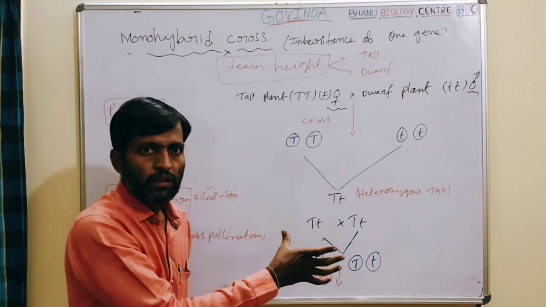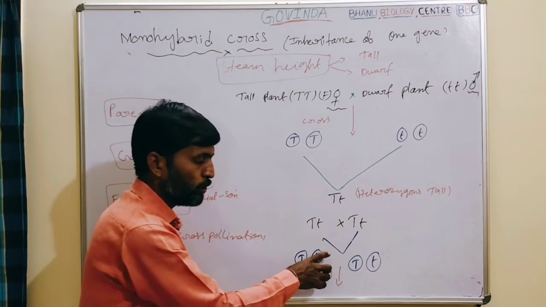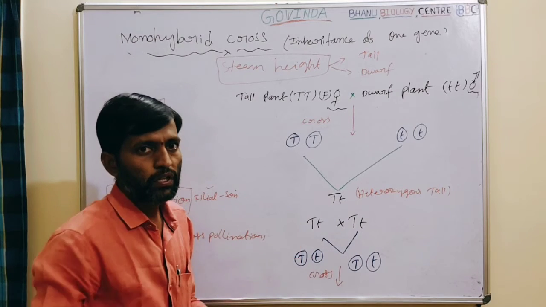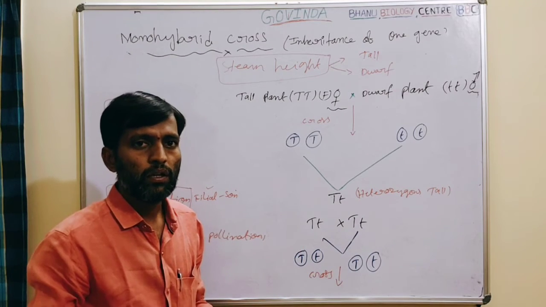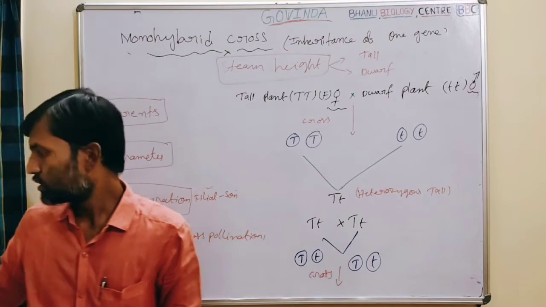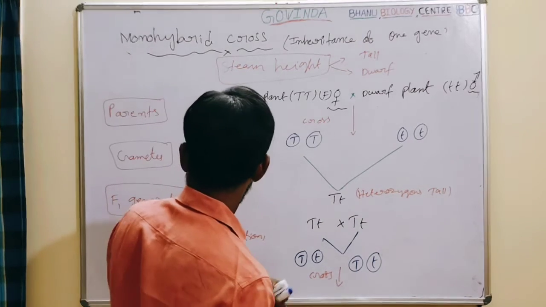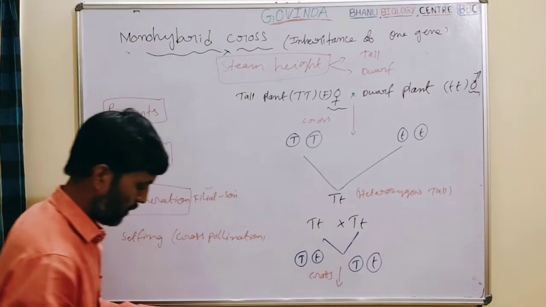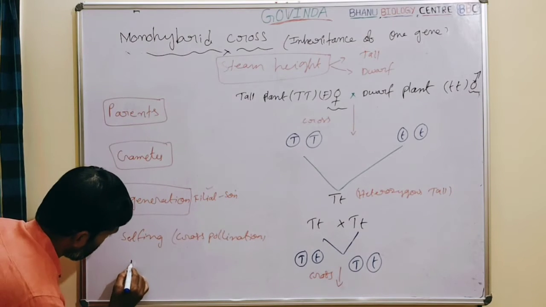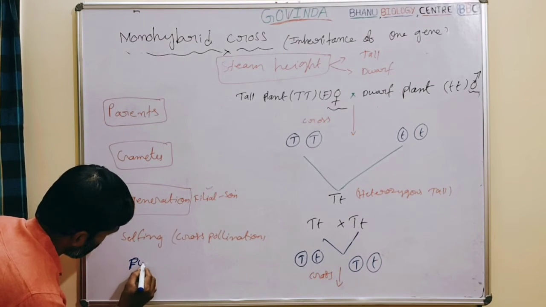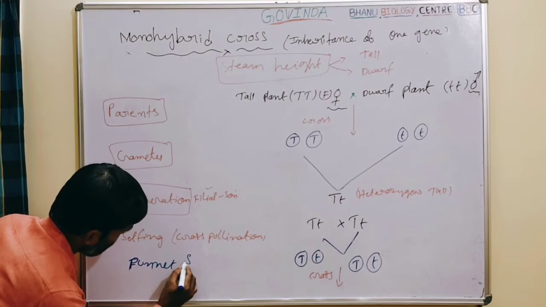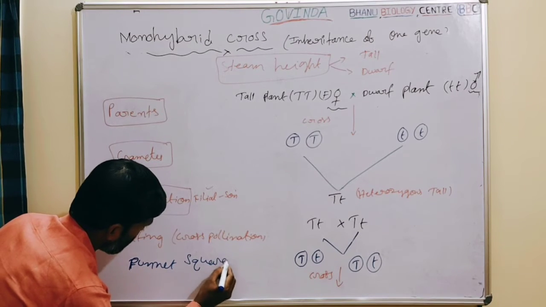For explaining the genotypes of the F2 generation, I am going to use the Punnett square. So here I am writing Punnett square.